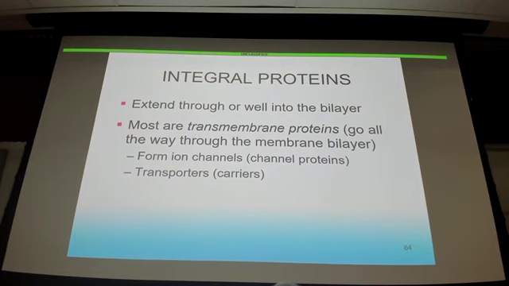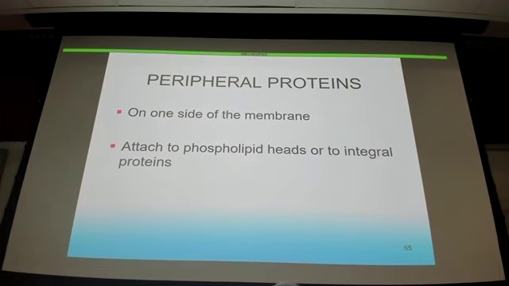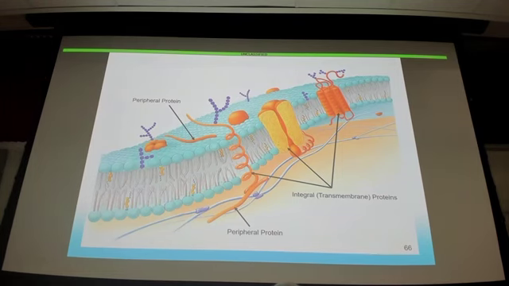Peripheral proteins are going to be on the inside or the outside of the membrane, right? We have to list that on here, one side of the membrane. So we go back to the picture and we would say, well, all three of these, let's number them. 1, 2, they look different, but all of these are types of integral proteins.